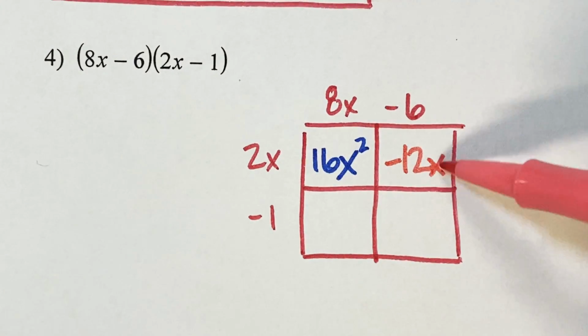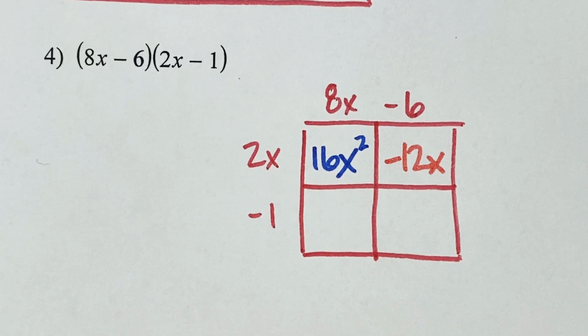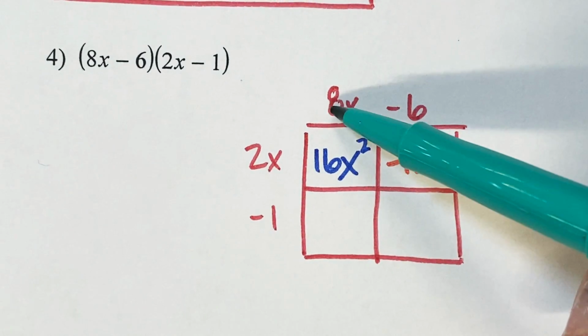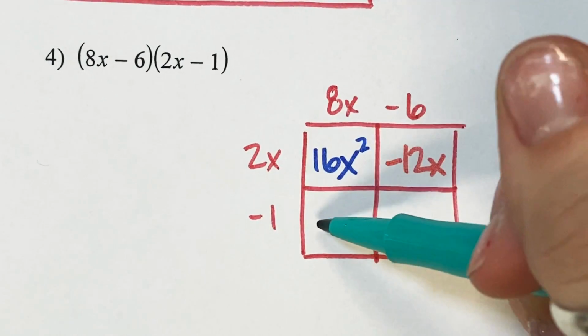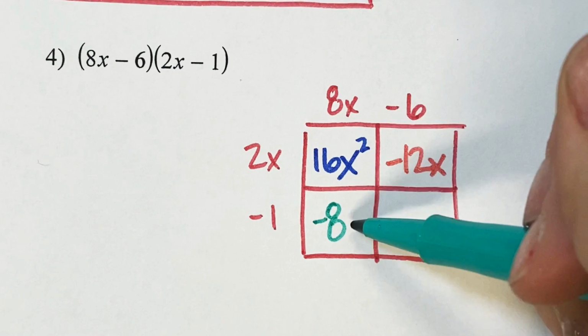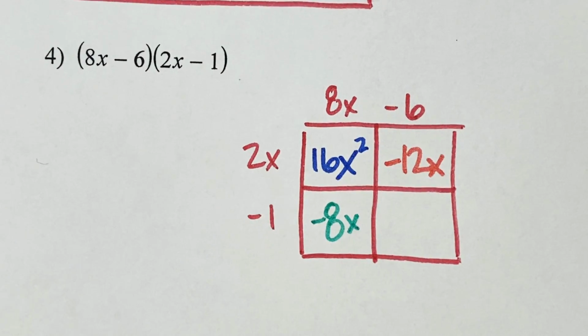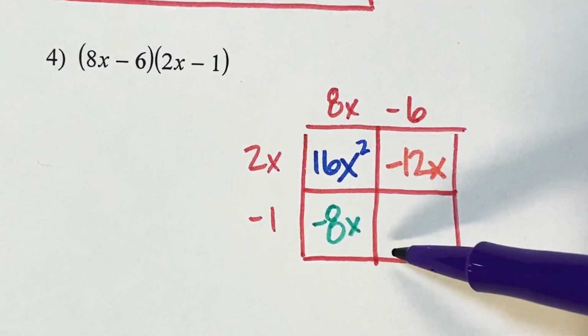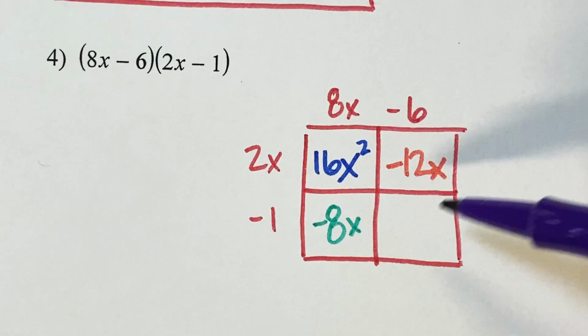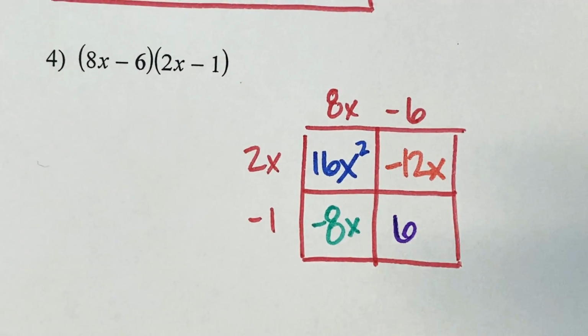There's 1x, so negative 12x. Okay, my next box lines up with 8x times negative 1. Well, negative 1 times 8 is negative 8. 1x, so negative 8x. Okay, and our last one, negative 6 times negative 1 gives me a positive 6.